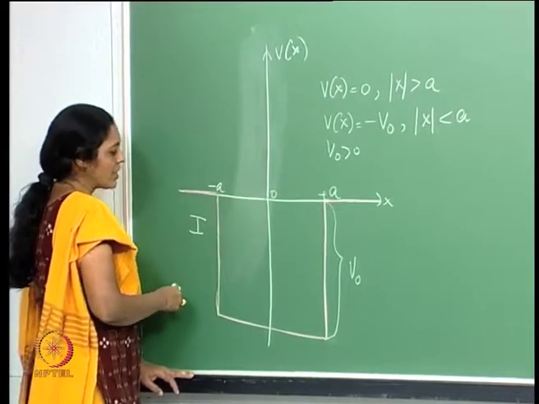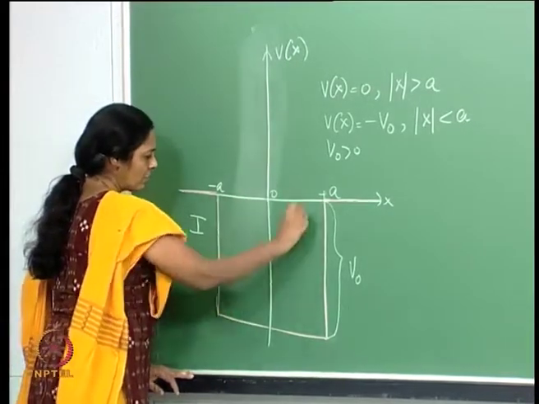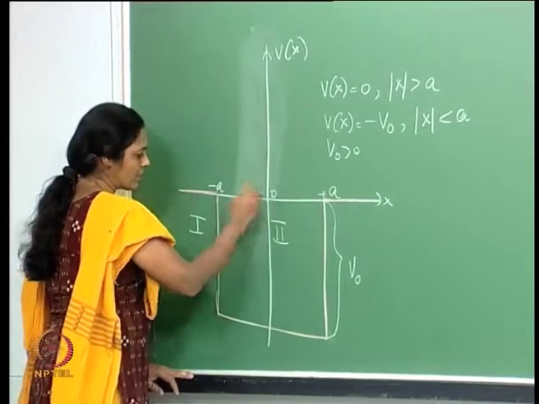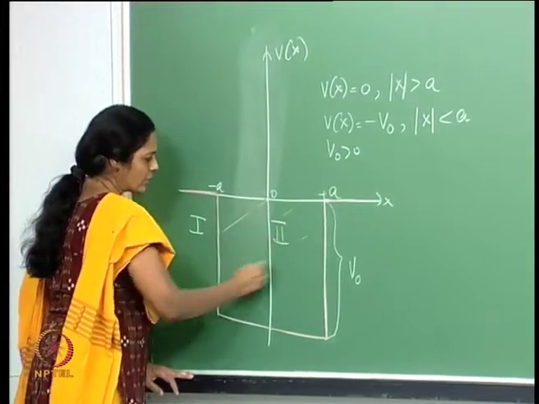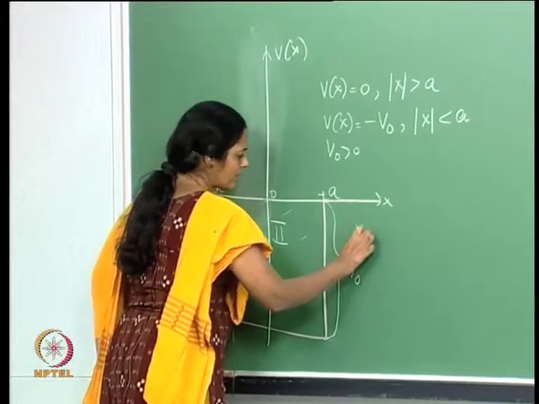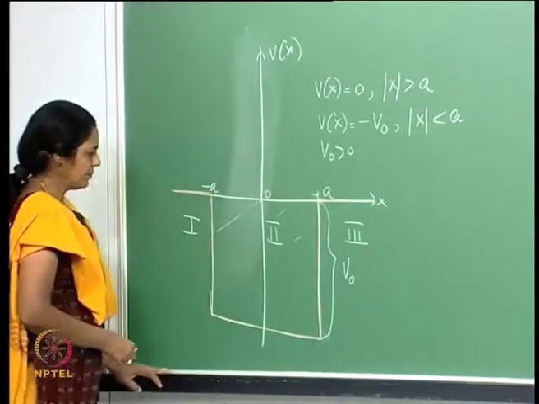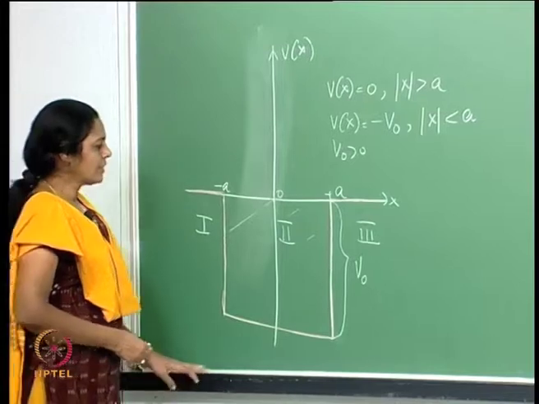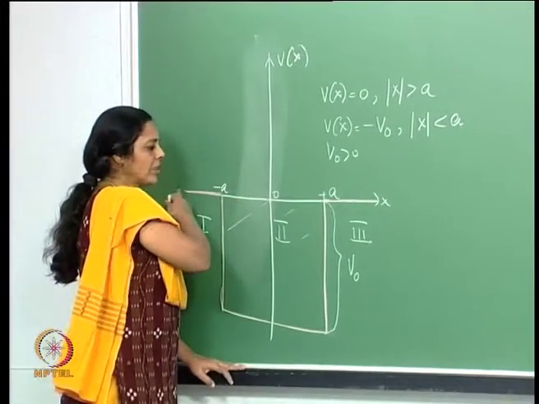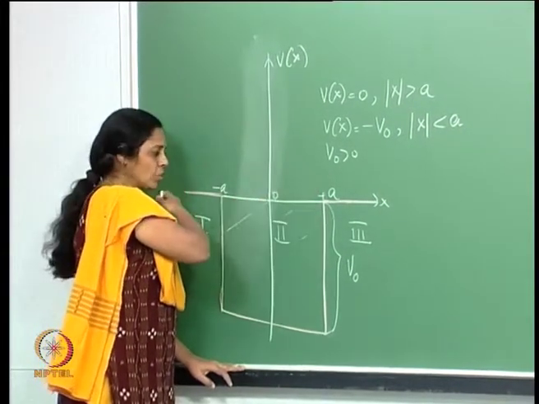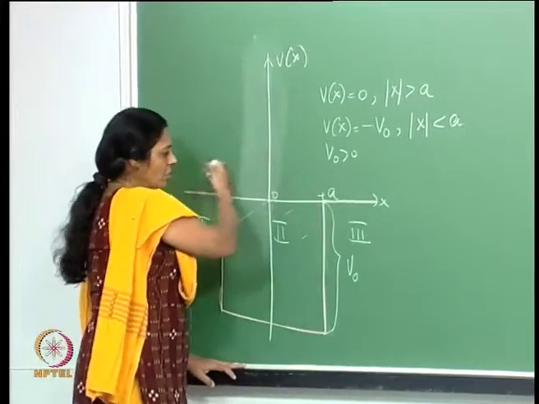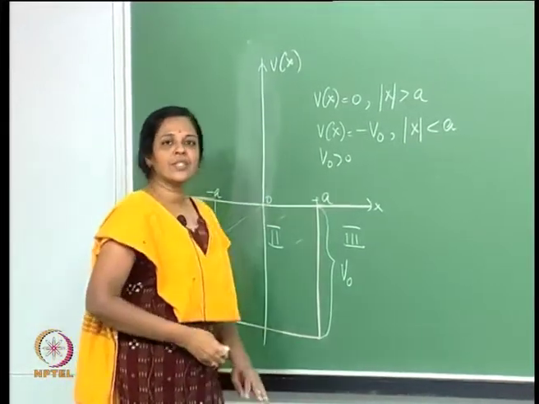I will refer to this as region 1. Whatever happens inside the potential well is region 2, this whole thing is region 2, and this is region 3. So the particle can move anywhere it wants through region 1 all the way here, because the energy is greater than 0.